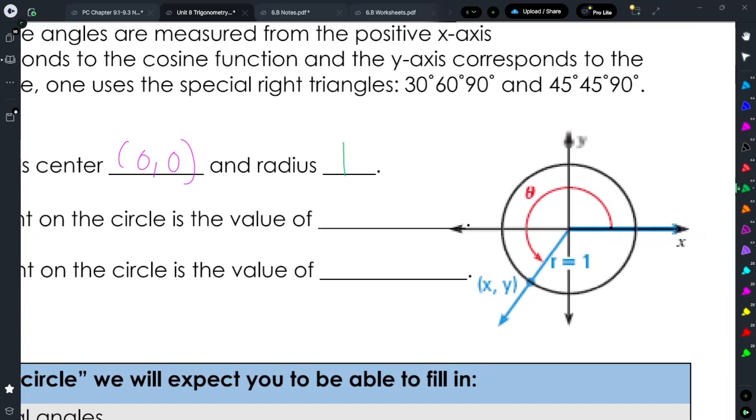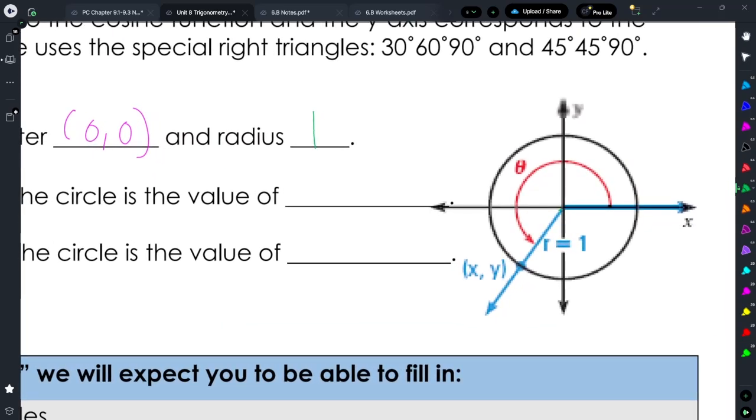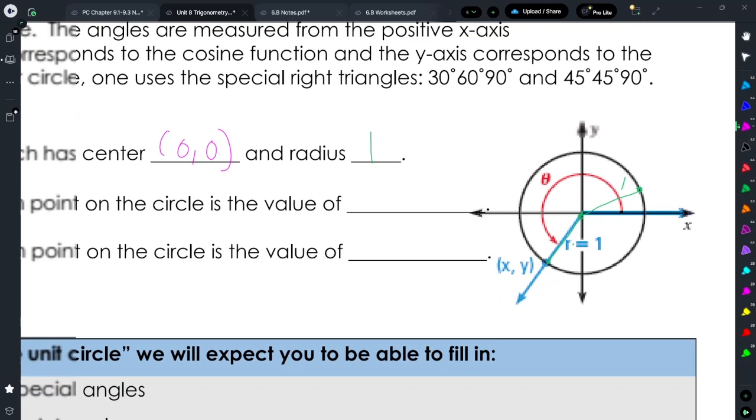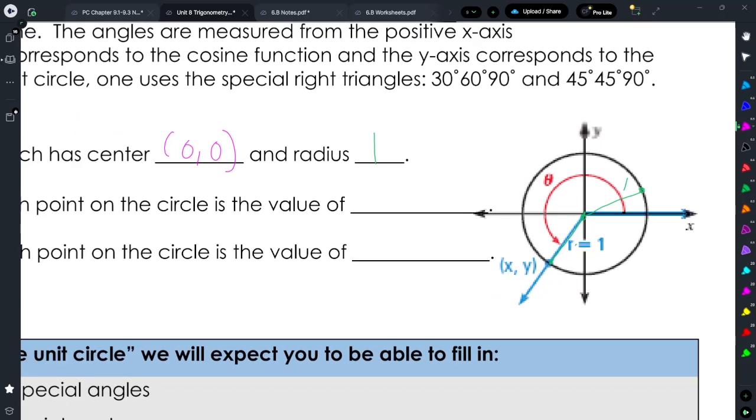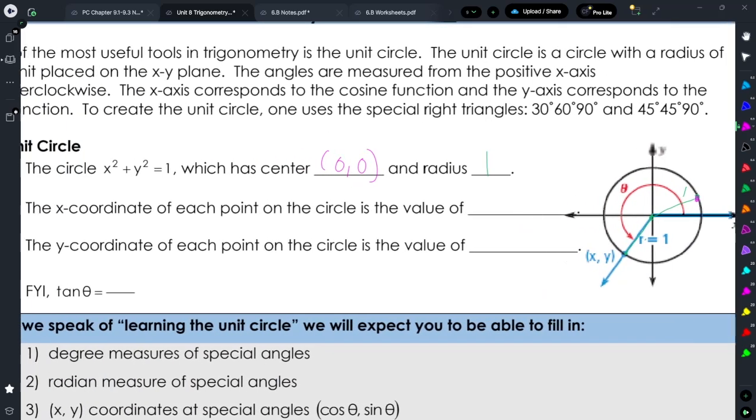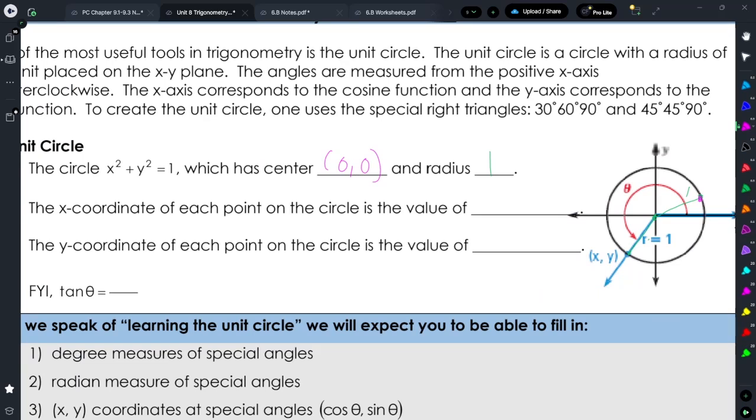So we kind of have a picture of it over here, and our radius is always 1 no matter what point we have on the circle. Again, this is on an xy plane, and the x coordinate of any point on the unit circle is going to be the cosine of whatever angle we are talking about.